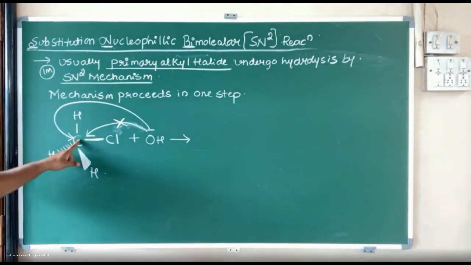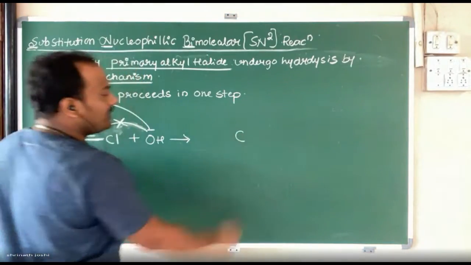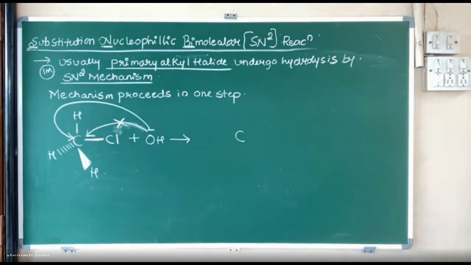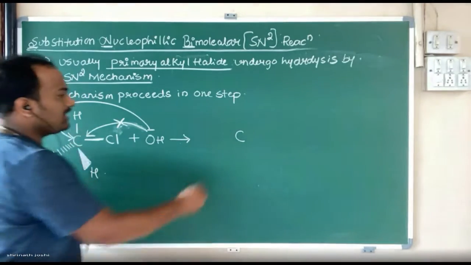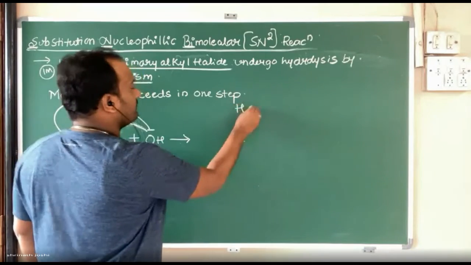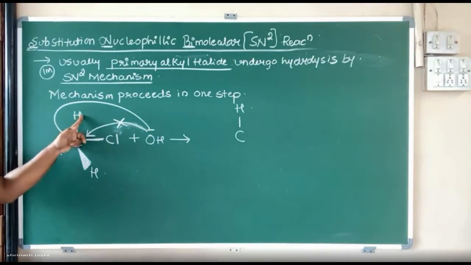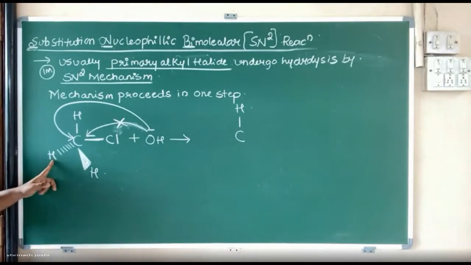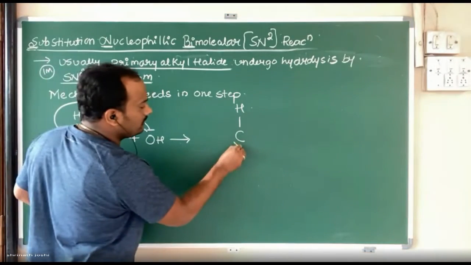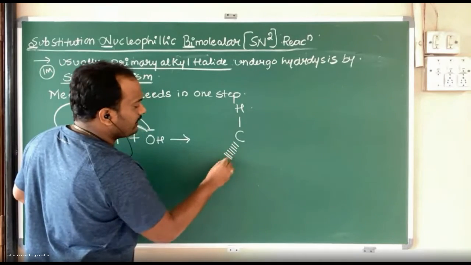Look here, there is a carbon at the center. Is there any change in the carbon, students? Come on. Carbon atom will change? No. Then is there any change in this hydrogen? No. Then is there any change in the dotted line hydrogen?